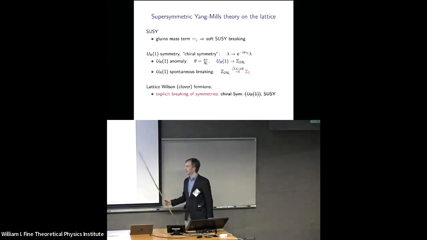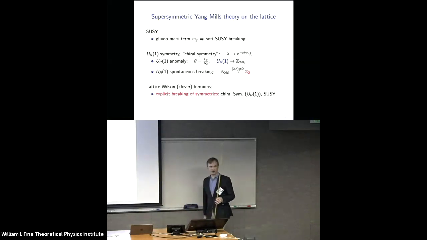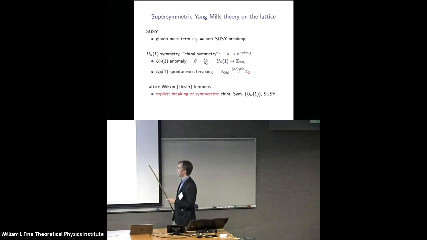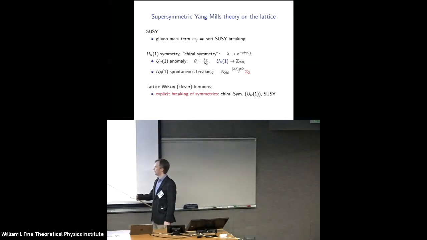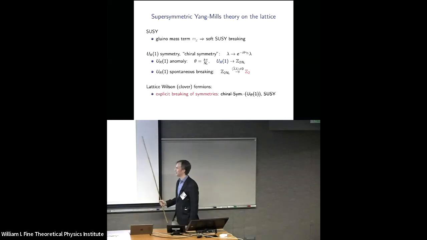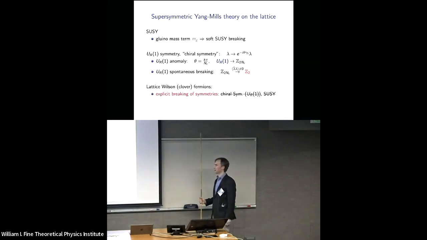The thing I just want to mention here is that if you formulate the theory on the lattice, you have to be careful with 2 different kinds of symmetries. First of all, supersymmetry. I already introduced a gluino mass term, which leads to a soft supersymmetry breaking.